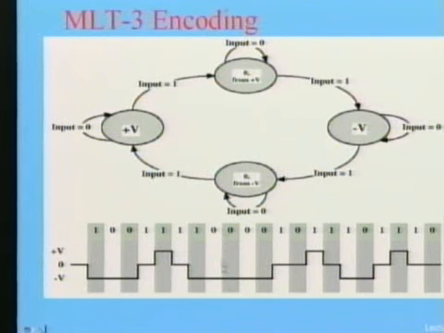Now with this coding, if the rate is 100 megabaud, it works. I can accommodate 125. The bandwidth of this is less than 100 megahertz, because I went from binary to trinary.